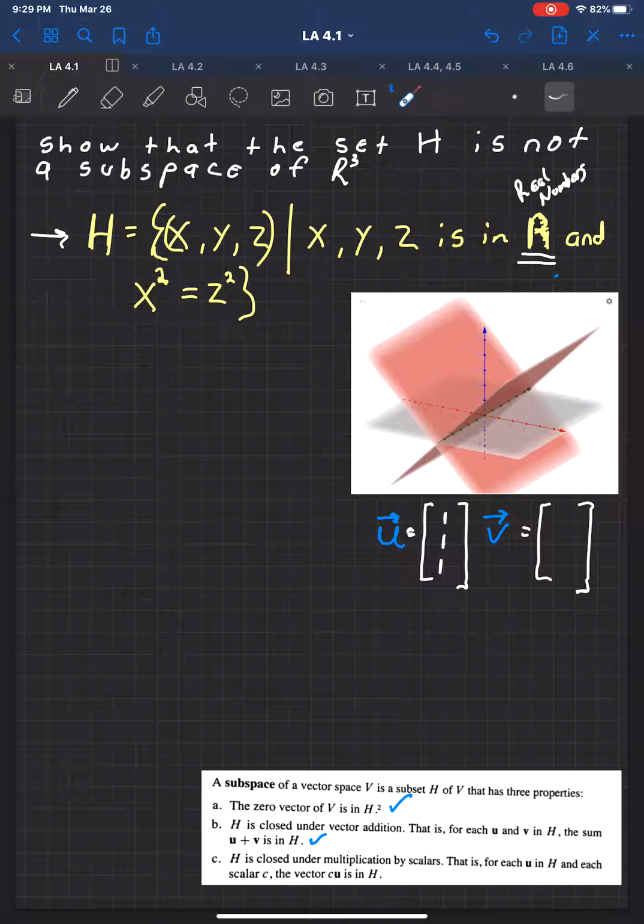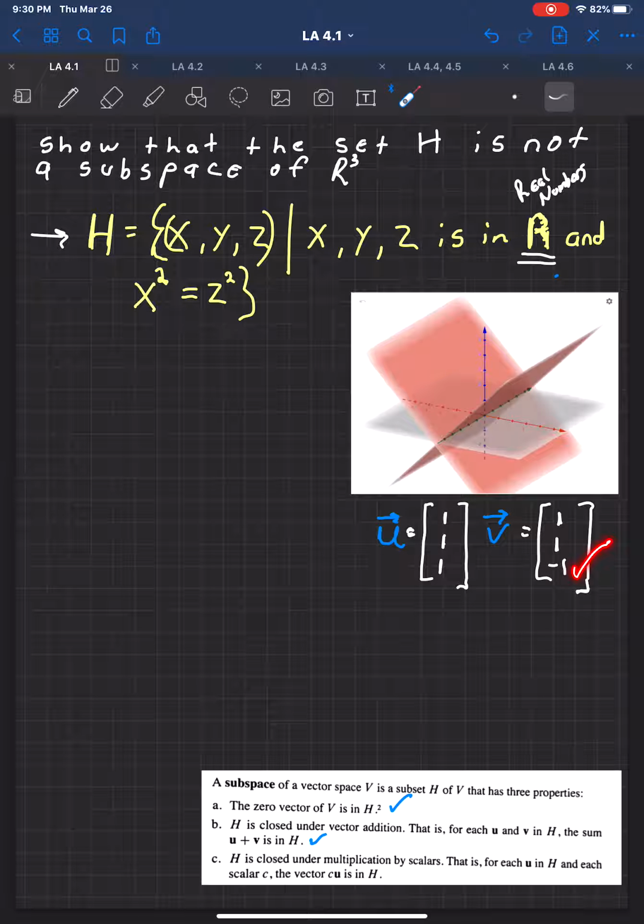Let's now pick another vector, V. I'm going to choose 1, 1, negative 1. Are these real numbers? They are. What about if we plug them into x squared equals z squared? Well, x would be 1, so 1 squared is 1.